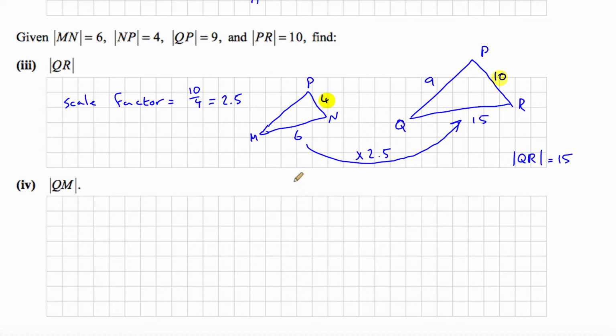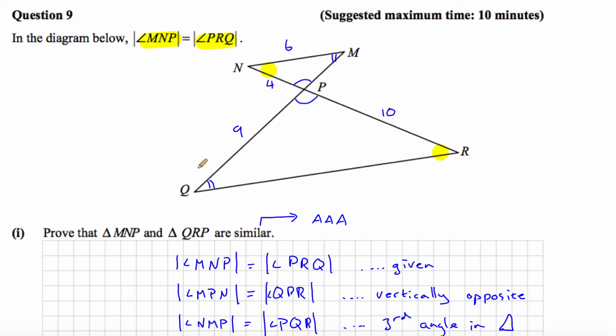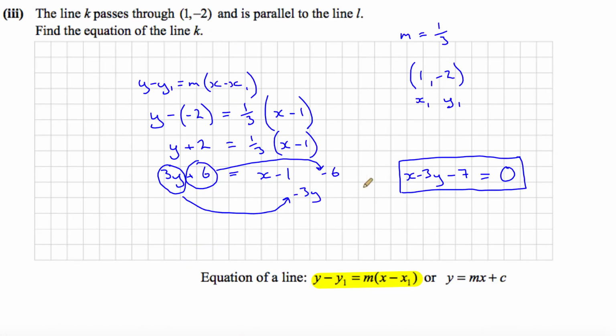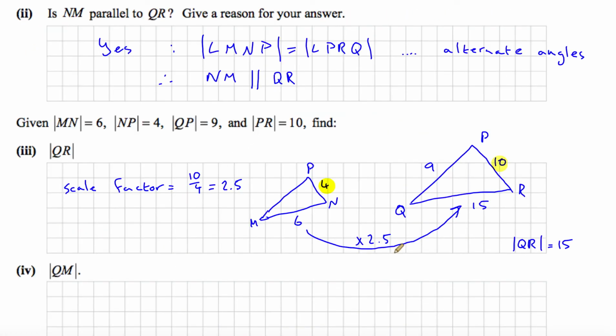And then to find QM, if we go back, Q to M, this distance, we want Q to M. Okay, so we know that Q to P is 9, so we just need PM. So if we go back here, trying to find PM, which is this side here, well, we know that this side here is 9, that corresponds to PM. So if we're going from big to small, we divide by the scale factor.